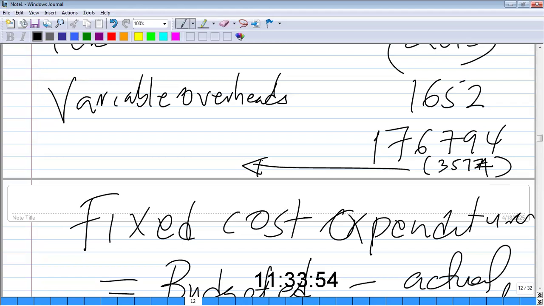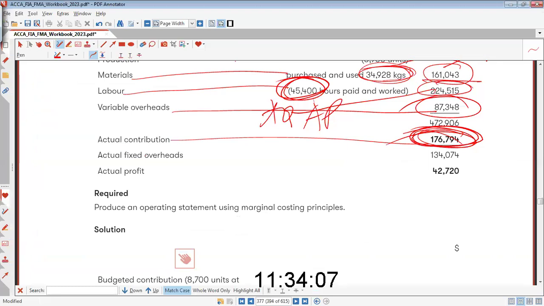When you take 176,794 minus 3,574, what do you get? 173,220. So now you have the whole picture. You have to subtract the whole amount of the fixed cost. So that is the computation of all the variances, apart from the fixed cost volume variances, which we have not computed.